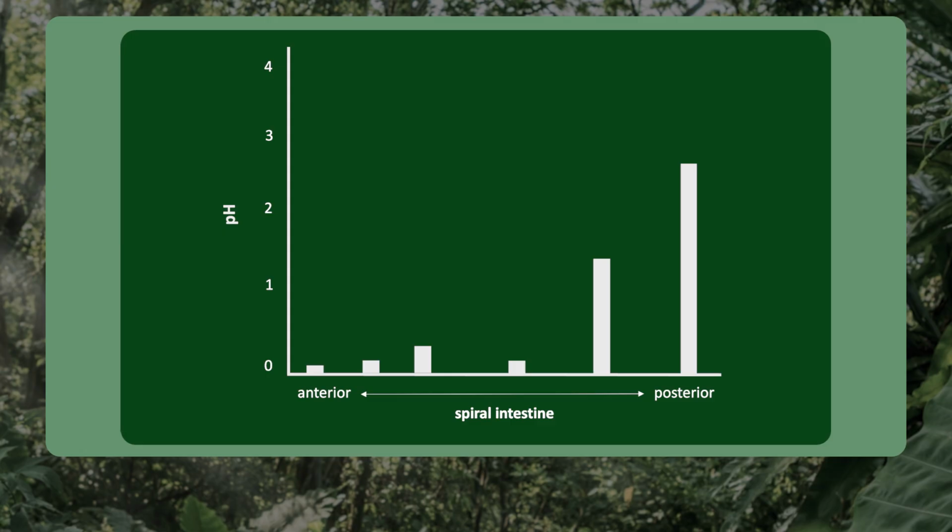On this plot, you'll find the distance along the alimentary canal from the stomach to the anus, represented on the x-axis. On the y-axis, you'll see the pH. You can see that the anterior-most portions of the spiral valve have pretty low pH, which might be an environment that a parasite that doesn't want to be dissolved should avoid.